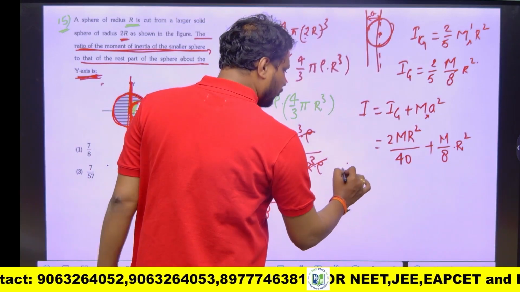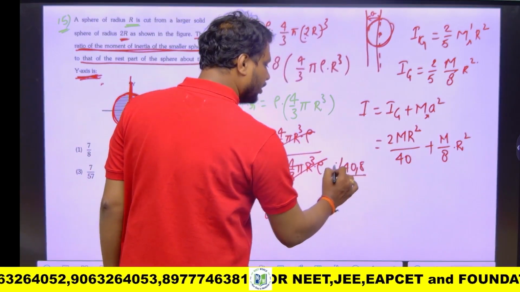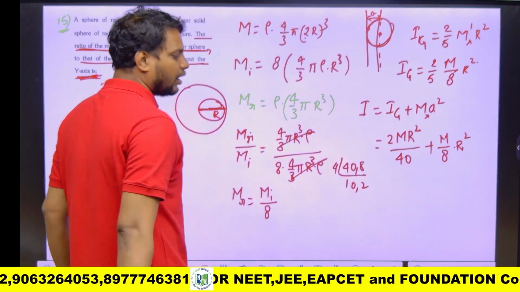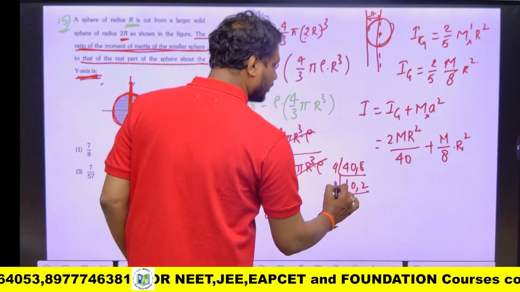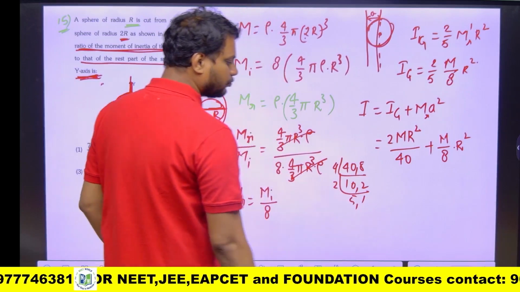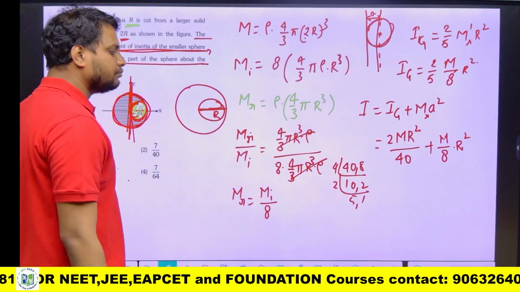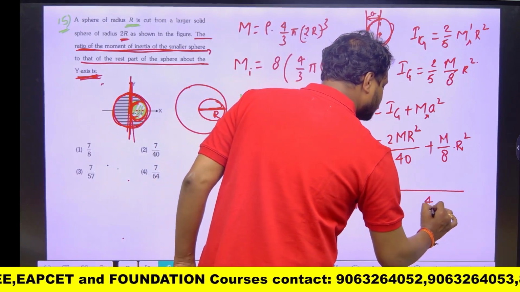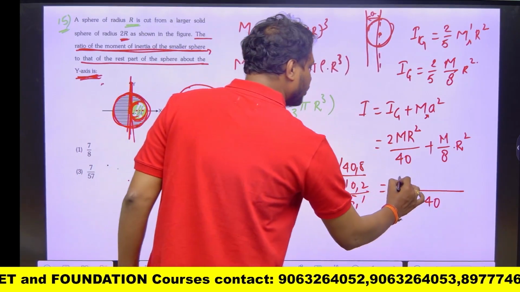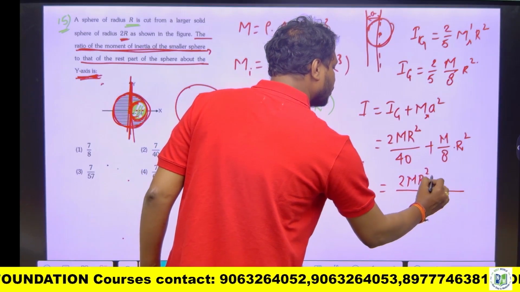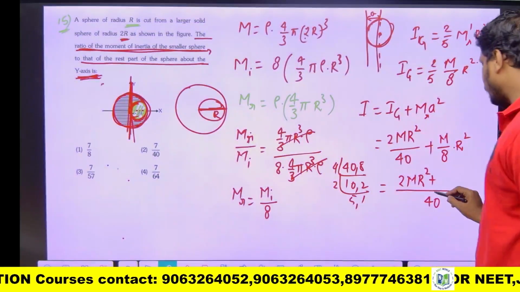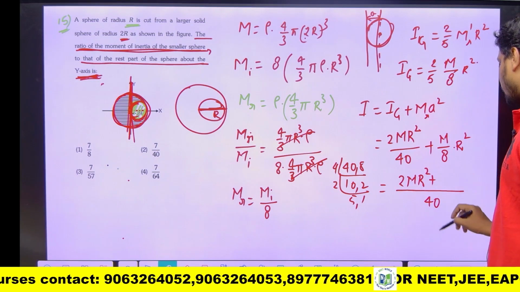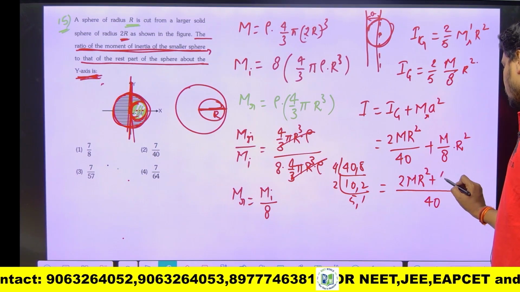For 40 and 8, the LCM will be 40. So the first term is 2 mr square, plus the second term, 5 8s are 40, that is 5 mr square.